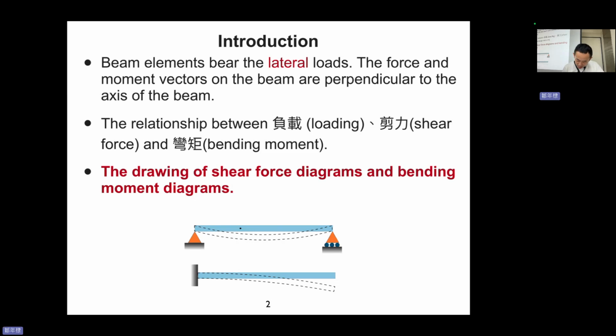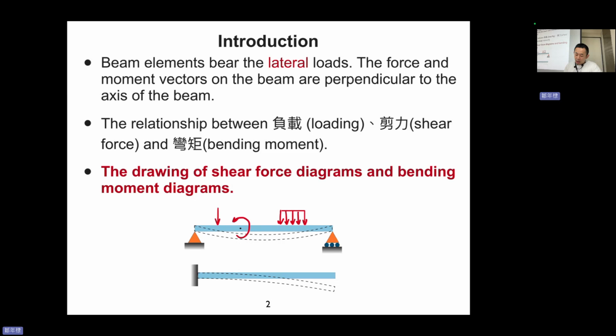You can see that here, or here, or here, or a uniform load. So they are all lateral loads.